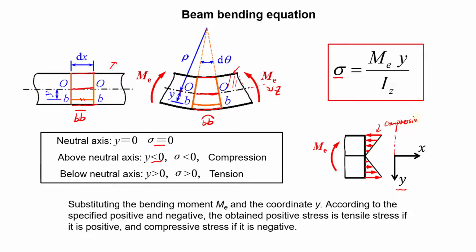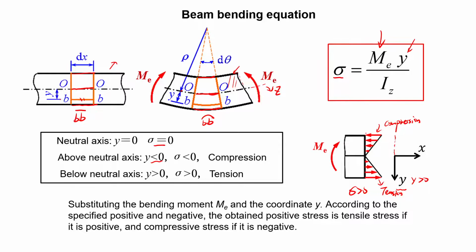Similarly, if you look at the bottom half where y is positive, sigma in this case is also positive, under tension. Most of the time we just need to know how to use the bending equation here. If we know the moment and we know y, we can find the stress.